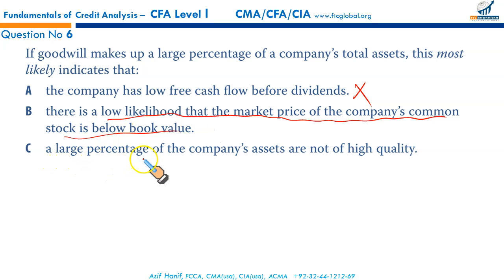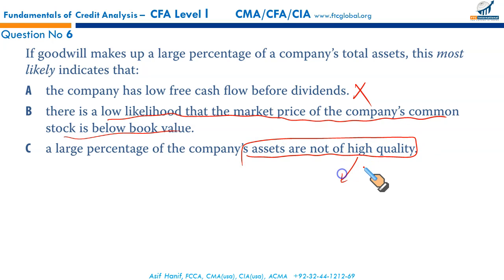A large percentage of the company's assets are not of high quality. That is the right, most likely situation. If goodwill makes up a large percentage of the company's total assets, this most likely indicates that a large percentage of the company's assets are not of high quality. Why?